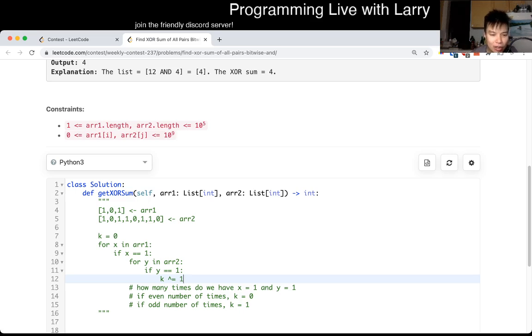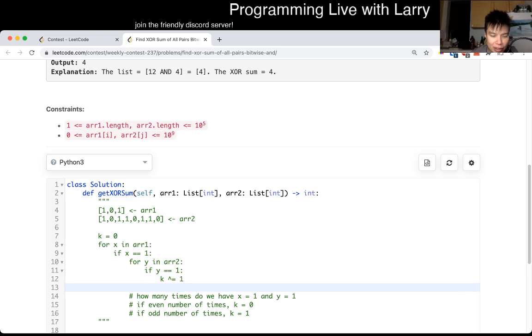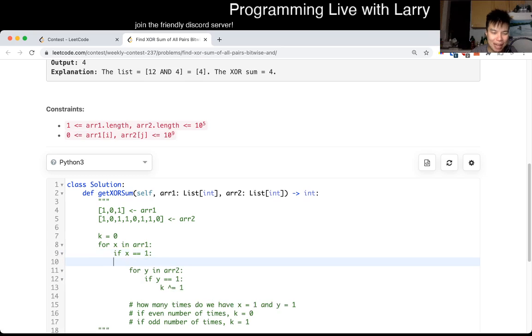And now we can notice, how many times does this flipping happen? Well, it happens exactly the number of times y is equal to 1, right? I'm using a really bad shorthand, but yeah, so now this is just equal to whether the number of y equal to 1 is even. Well, what does that mean?